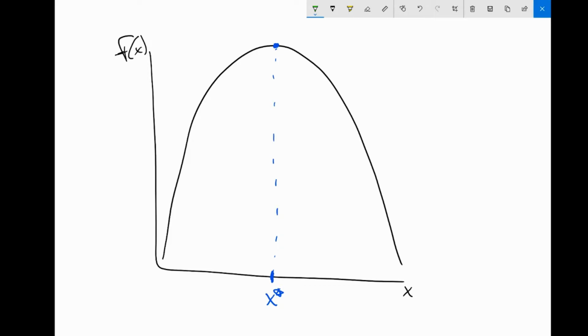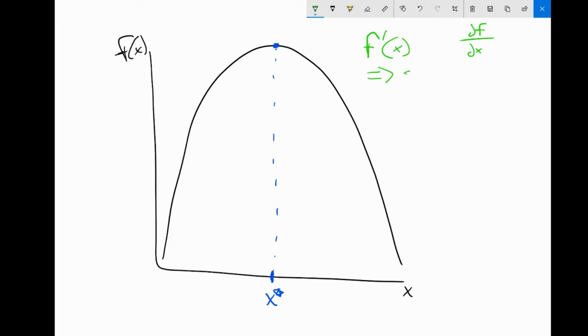All right, so first, let's review, by me first asking a question. What does the derivative of f of x, so f prime of x, also written as the derivative of f with respect to x, tell us about the function f of x?